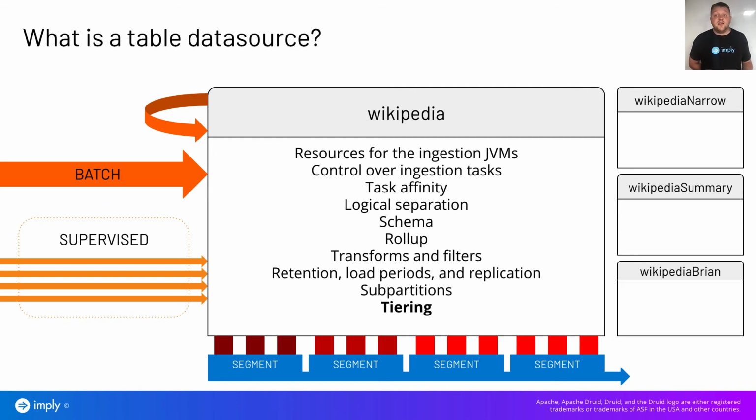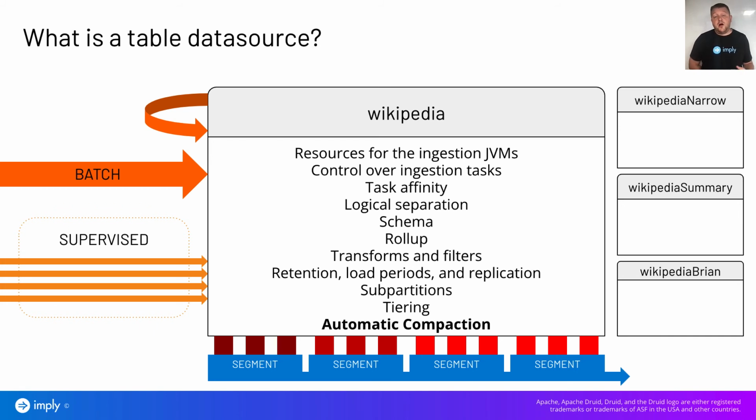Maybe the latest stuff will be on a super fast i3-256 quadruple X large, but the older stuff will live in buckets under your desk. Tiering rules are table specific. They don't apply across tables. What I mean by that is that you can't actually have 60 days of data from one table and the next 180 in another table and then distribute that via tiering. To do that, you'd apply retention rules, and you could use something like that union operator.